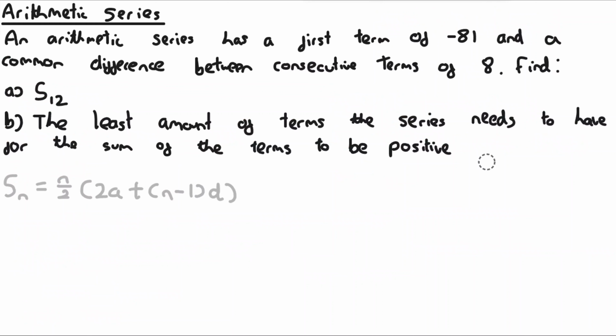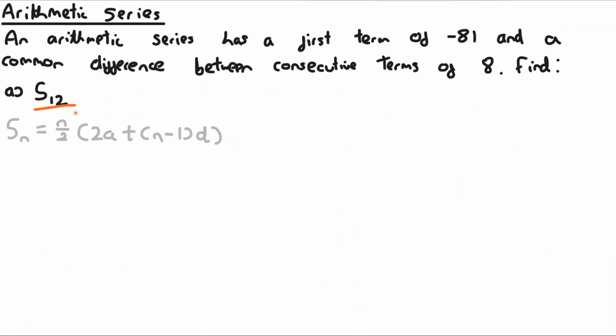So here's an example question on arithmetic series. For part A, we need to find S12, and I've given you the formula for Sn because, as I said, this is given to you in the formula booklet, so you don't need to remember it. It's given to you in the exam. We just need to sub in the values of a, d, and n. So a is the first term, and it tells us that the first term is minus 81, and then d is told there's a common difference between consecutive terms of 8, so therefore d is going to be equal to 8, and n is going to be equal to 12, so figuring out S12.